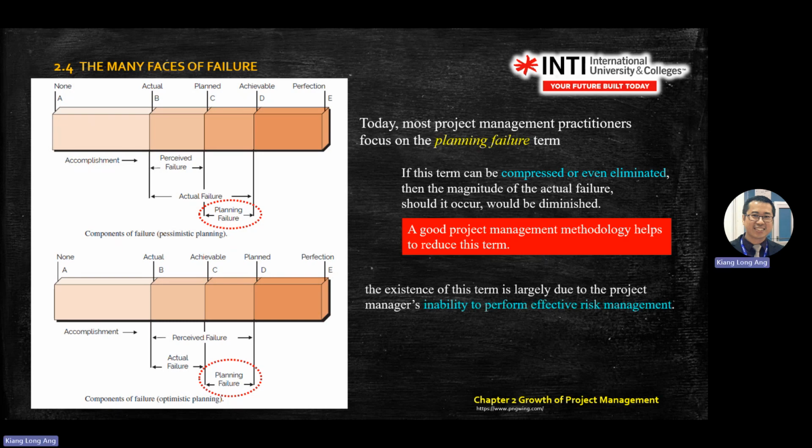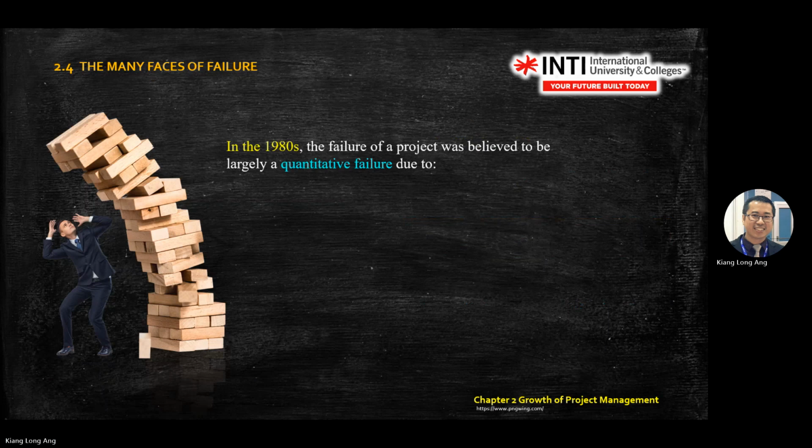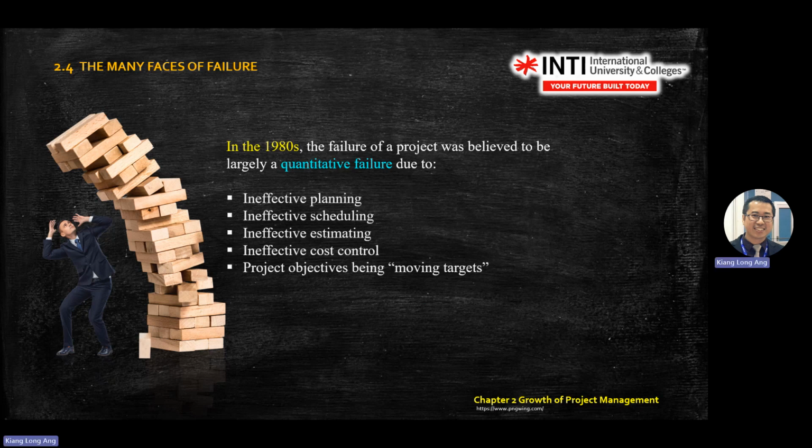The rest you read. Okay, so of course there are many phases of failure. So this is quantitative failure. All these you read. So quantitative failure is due to planning, scheduling, estimating, cost control, and then you keep changing your project objective.